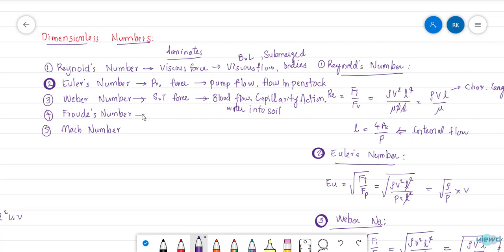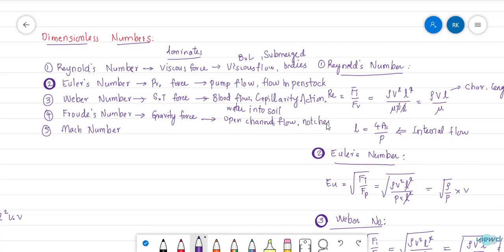Next, Froude's number. Froude's number is inertia force by gravity force. So this should be used when gravity force dominates. So when does gravity force dominate? Open channel flow. Open channel flow means due to gravity the water is supplied. Notches and weirs.